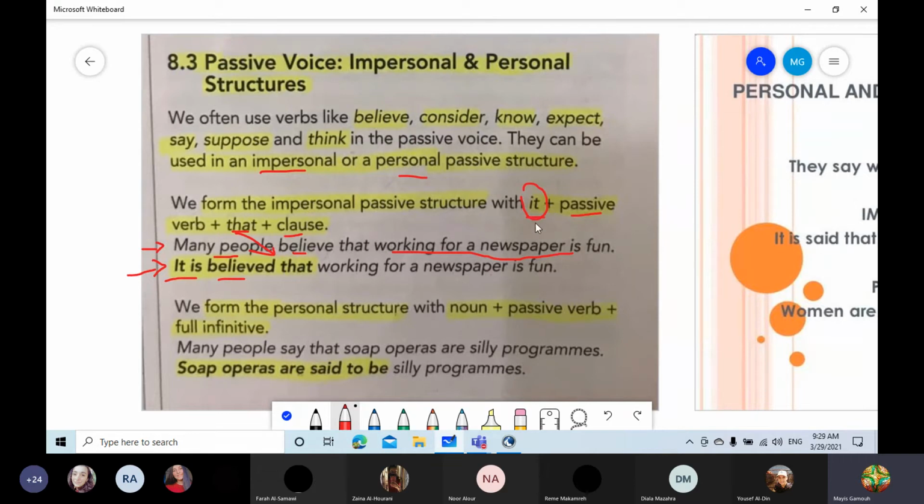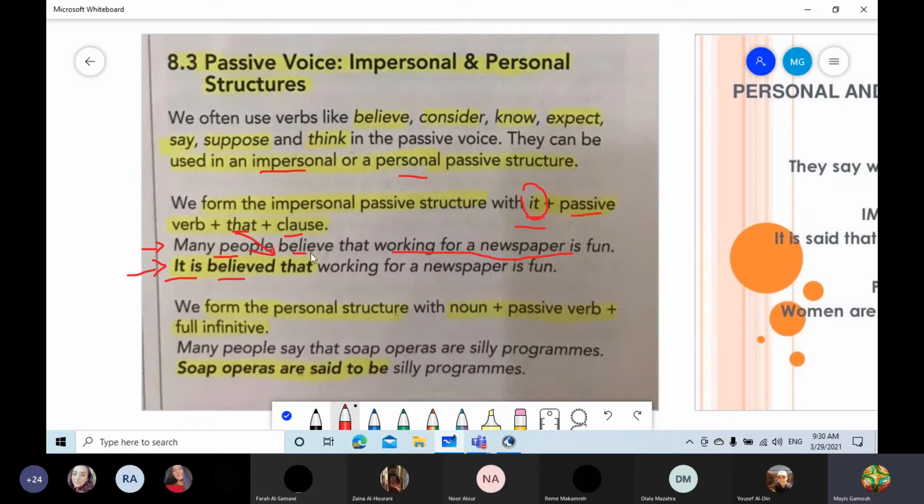My structure is: I insert at the beginning it, and it is always it, nothing but it. Then I add the passive verb, which is the verb to be according to my verb tense, and then I add that, and I continue my sentence or my clause.